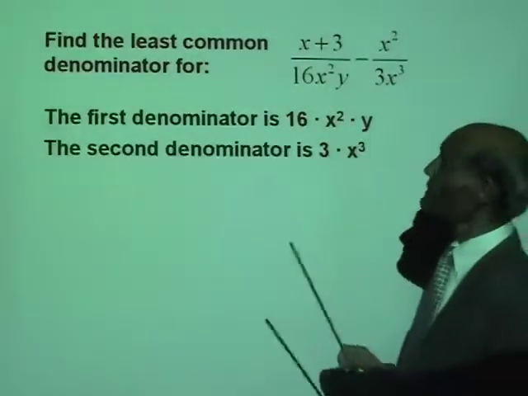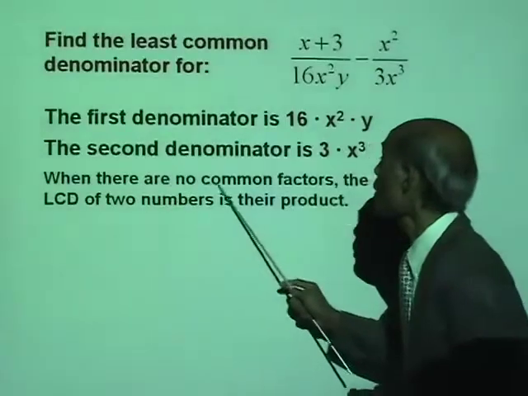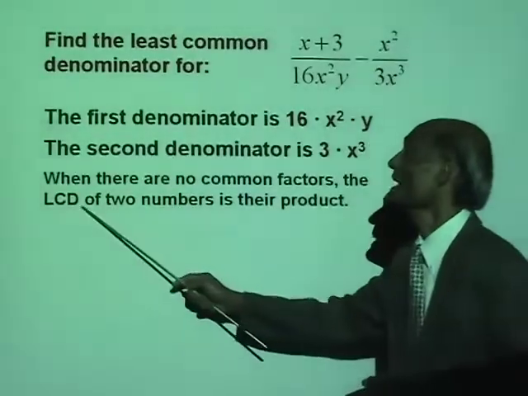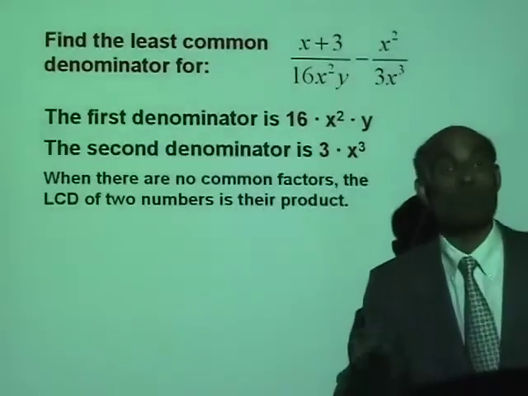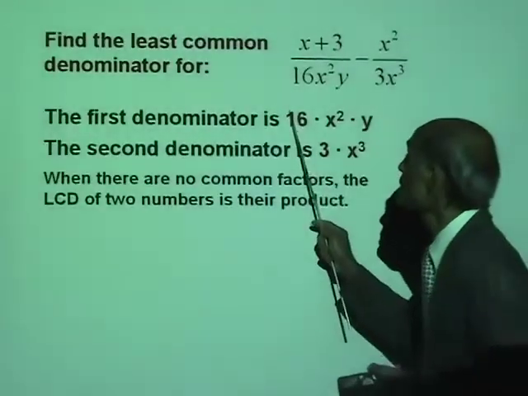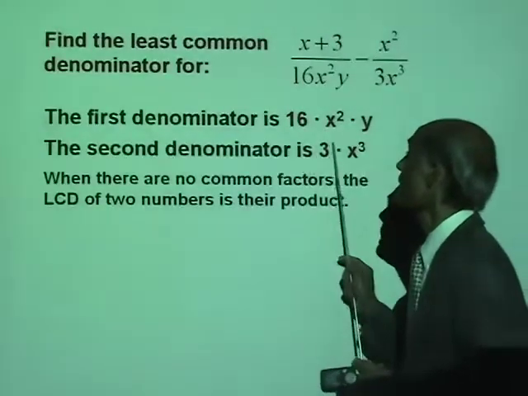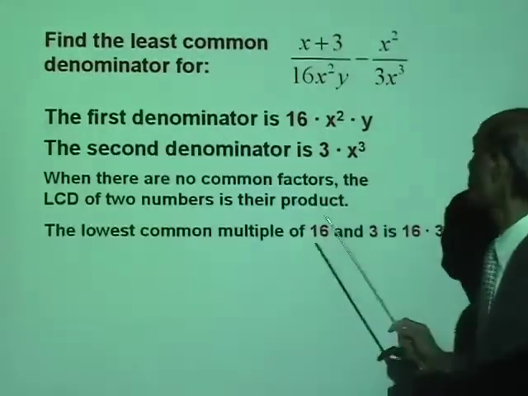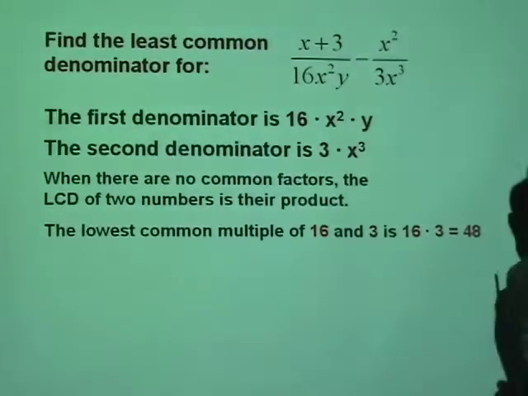Alright, how do we start picking our LCD? When there are no common factors, the LCD of two numbers is their product. So what is the LCD of 16 and 3? The LCD of 16 and 3 is 16 times 3, that is 48.